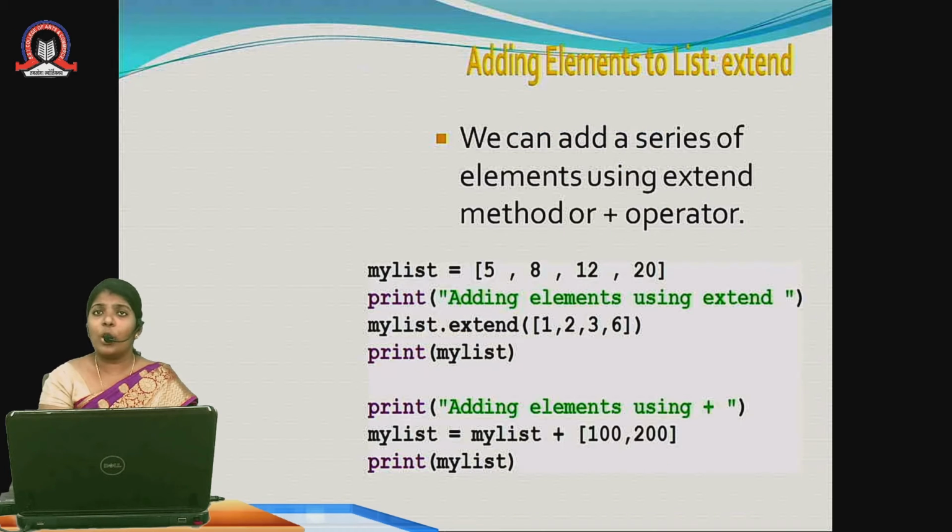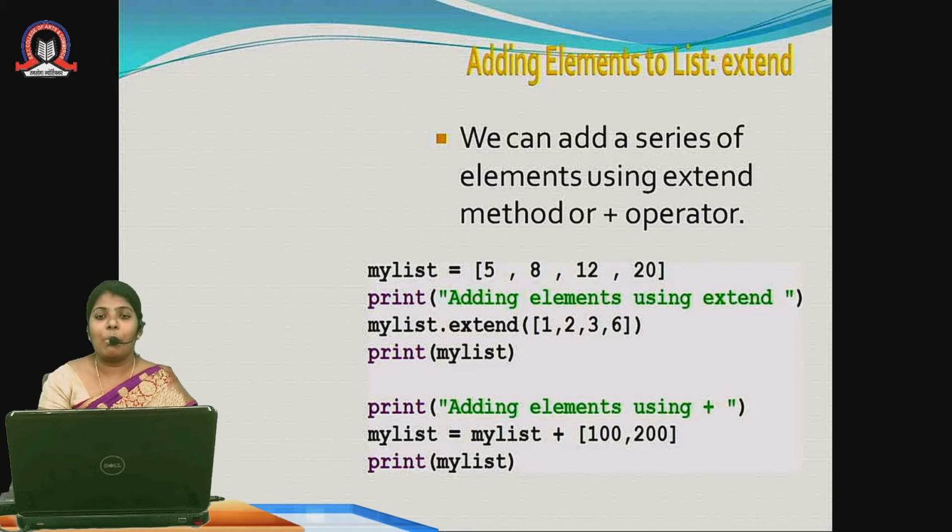Now we are going to see adding elements to a list using extend. Now how are we going to extend the list? For that, first you want to create a list, that is my list equal to 5, 8, 12, 20. First the list has been created. Then you are adding the elements using extend. So my list dot extend 1, 2, 3, 6. Print my list. So what will happen?